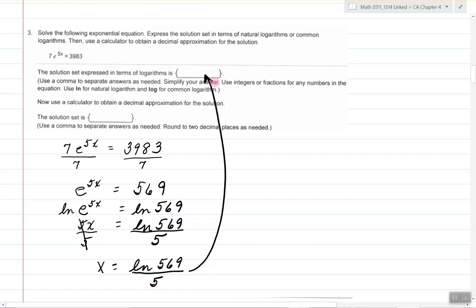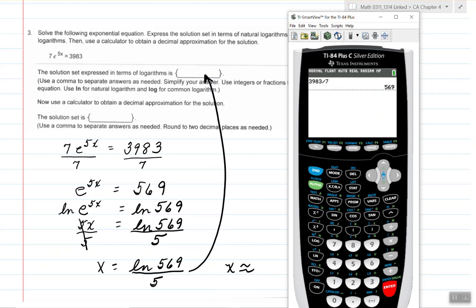Your second answer will be the approximation of that. So now I'll go to my calculator, and I have the natural log of 569, close, divided by regular old 5. Round it to 2 decimal places. I should get 1.27.